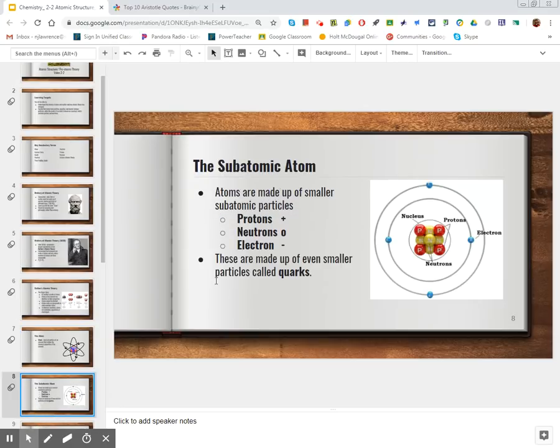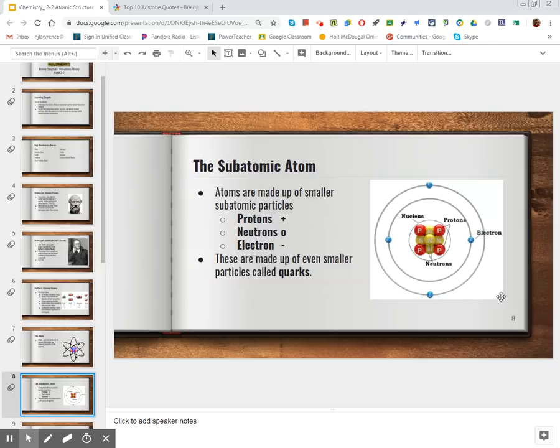What else do we now know to be true? We also know that the atom is made of protons, neutrons, and electrons. These smaller particles are found in different locations. First, we have the nucleus, where the protons and neutrons are located. And then on the outside, you'll hear things like the electron shell, the electron cloud, or the electron ring.